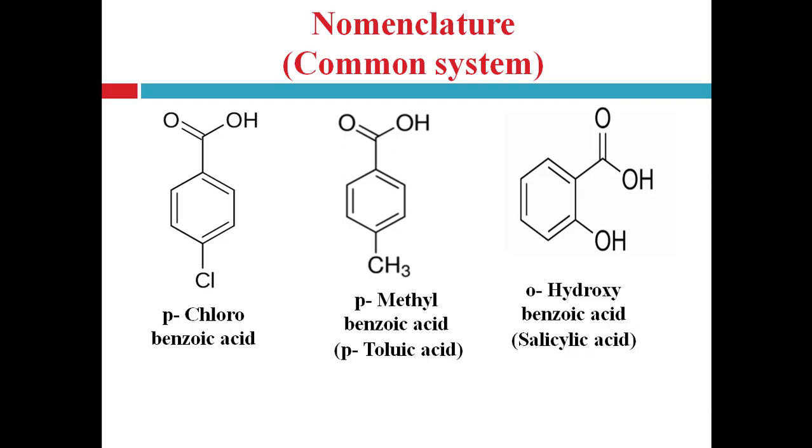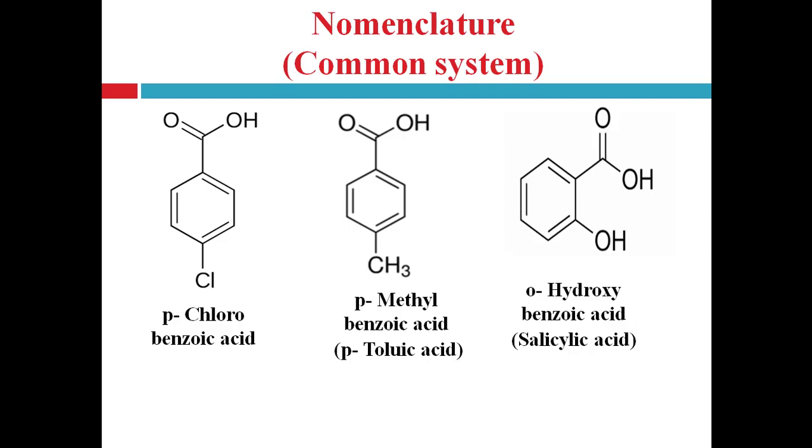According to the common name system, aromatic acids are considered as derivatives of benzoic acid. As we know, a benzene ring having a carboxylic acid group which is directly attached to the ring carbon is known as benzoic acid.